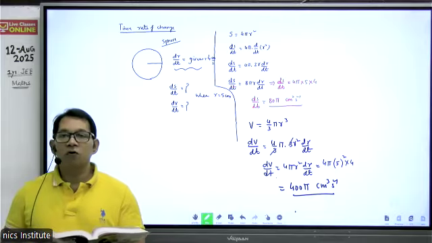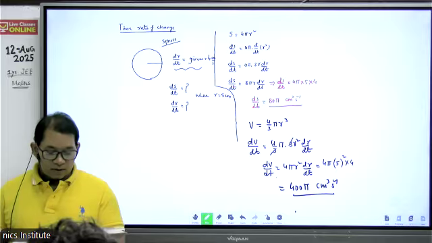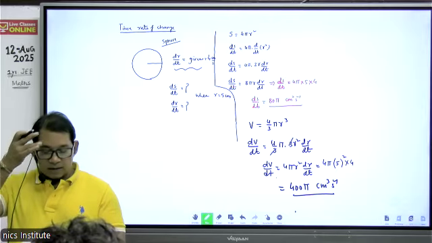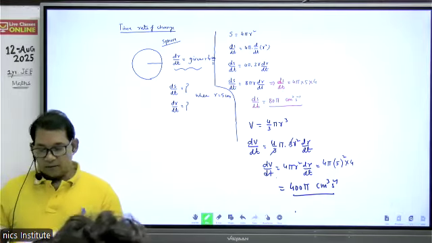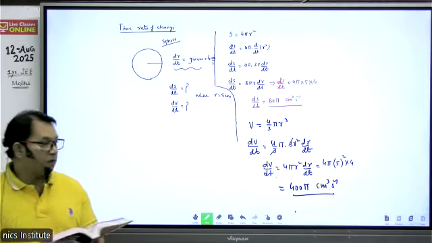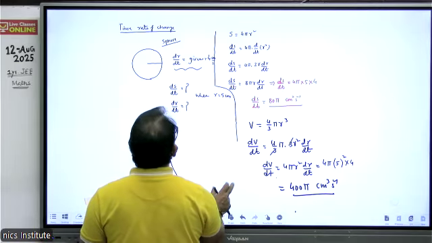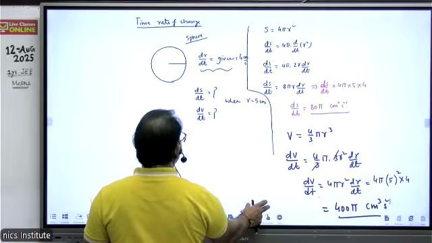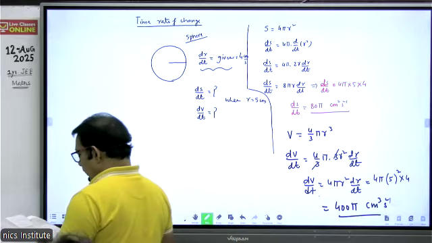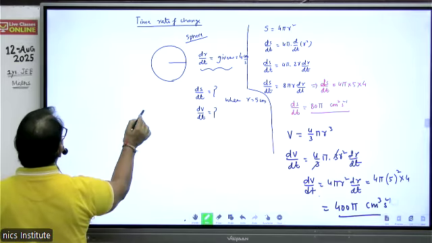Centimeter cube is also cc, centimeter cube per second, in a right circular conical vessel with vertex downward.